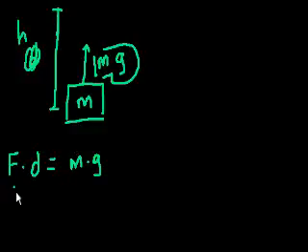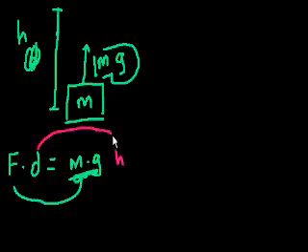D is h, so this is the force, and then the distance I'm applying is going to be h. And if you want to think of an exact situation, imagine an elevator that is already moving, because you would actually have to apply a force slightly larger than the acceleration of gravity just to get the object moving. But let's say that the object is already at constant velocity.